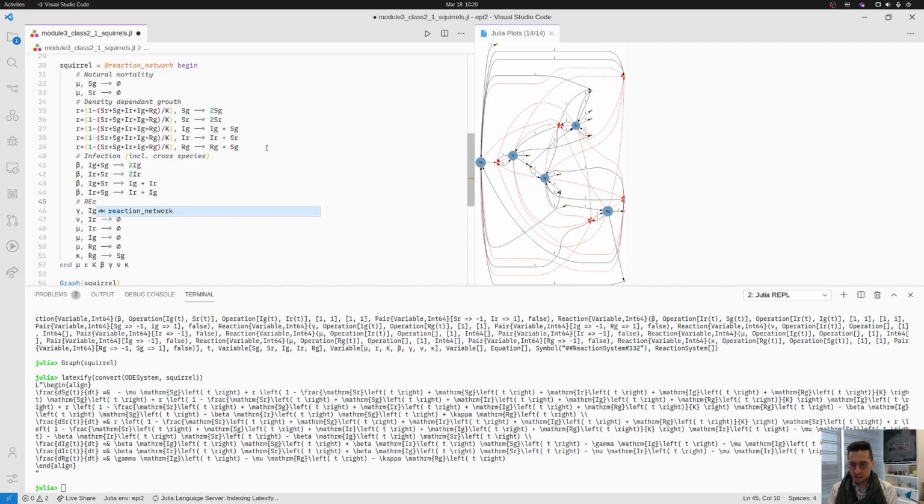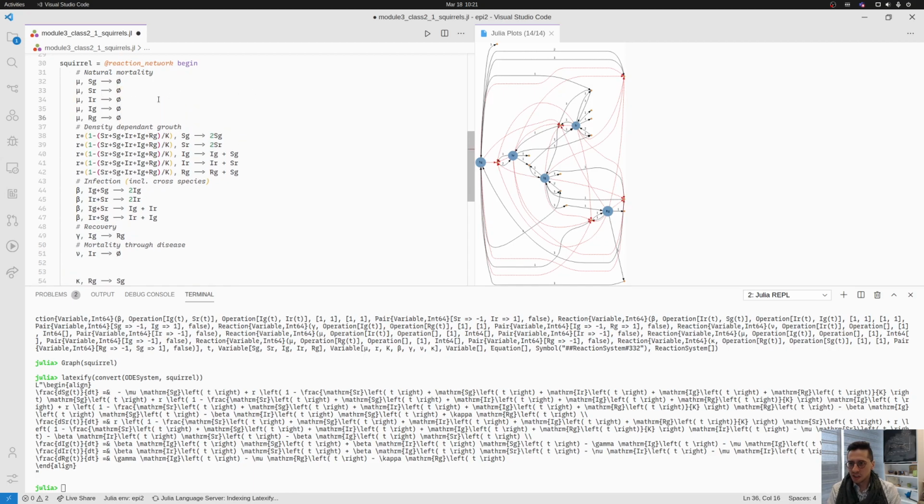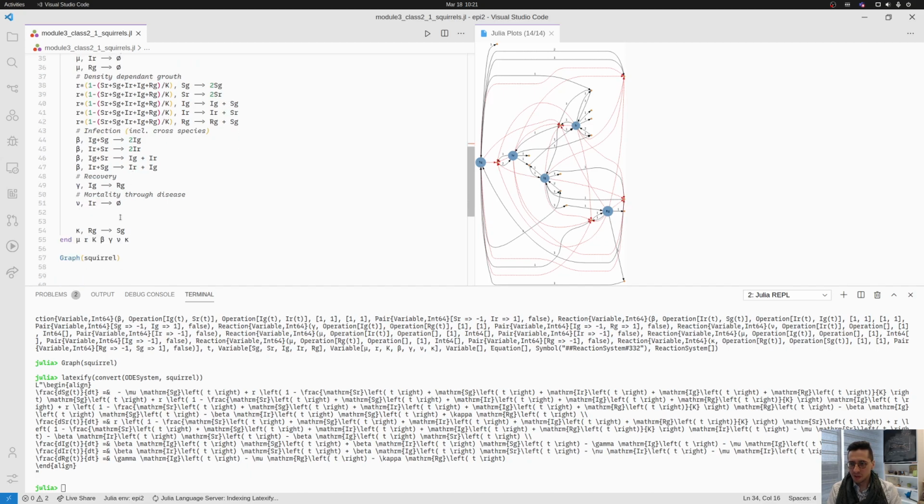This is recovery. This is mortality through disease. And that is background mortality, which we're going to put here. So it's susceptible, infectious, removed. Mortality through disease. And then we are going to have loss of immunity over time.